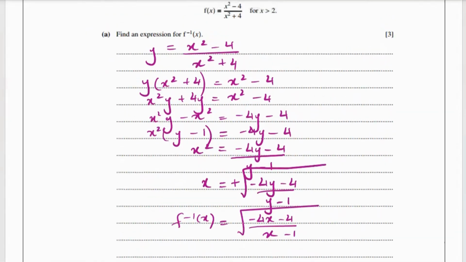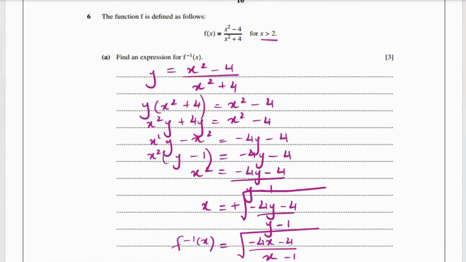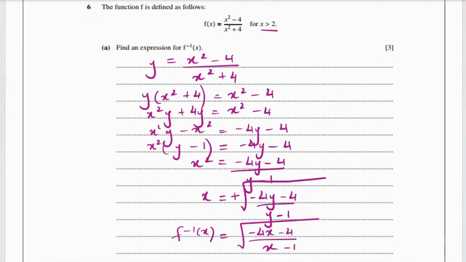Once again, since the domain is greater than 2, the range is going to be greater than 2. So that's going to be the positive square root, not the negative square root. So this is your expression for f inverse of x.